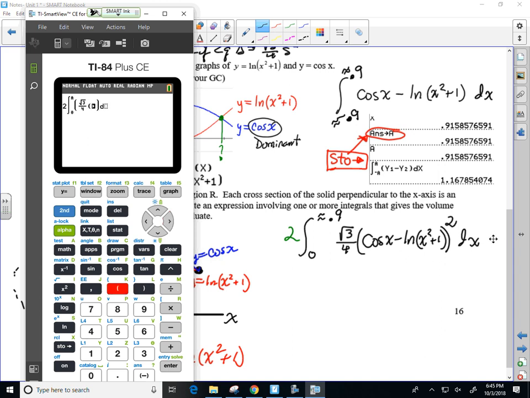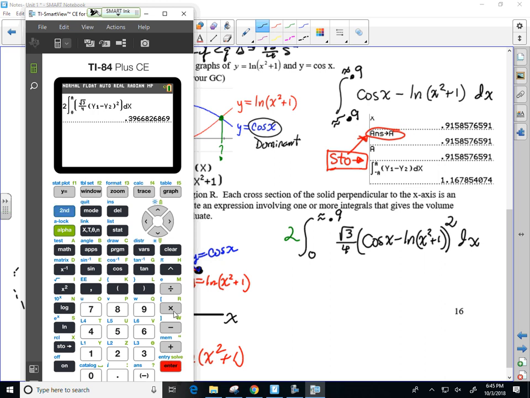All right, so cosine, which is my y1, minus the natural log, which is my y2, quantity squared dx. All right, so you get that.